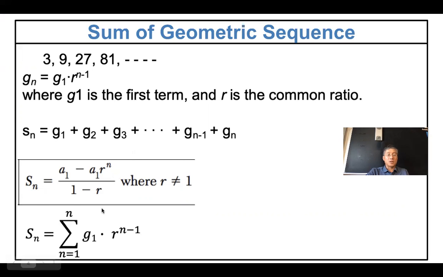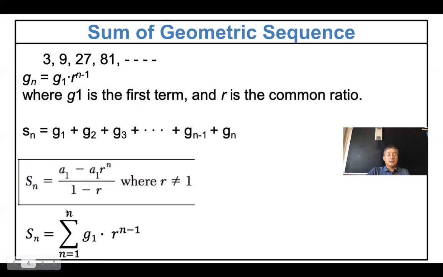This is the formula for S of n, but be careful, this is n, not n minus 1. So it is first term minus first term times r to the n power, over 1 minus r. R cannot be 1, the common ratio cannot be 1. If the common ratio is 1, all the terms will be the same, right? You multiply 1 to everything.